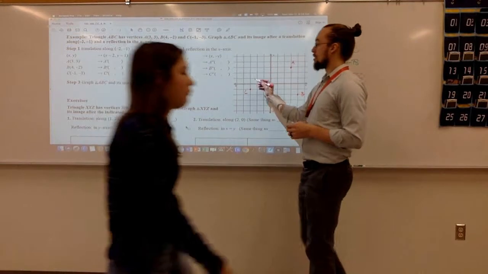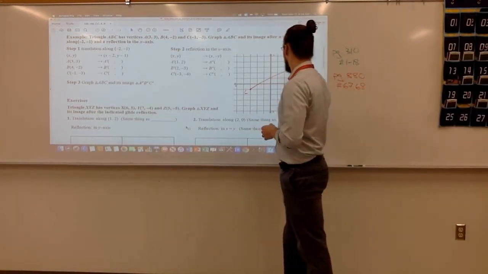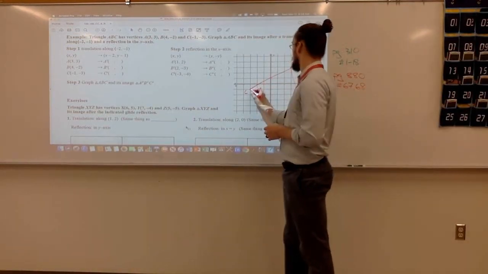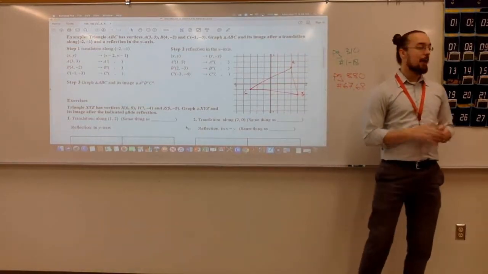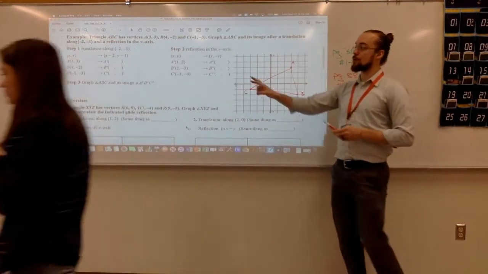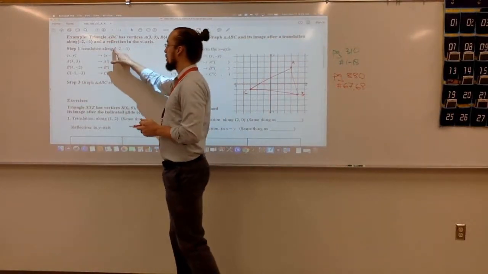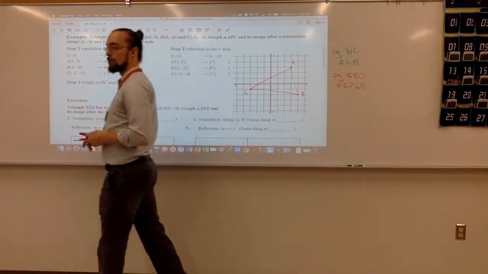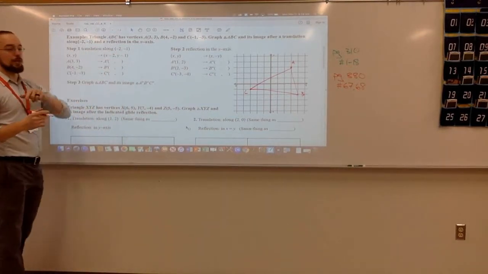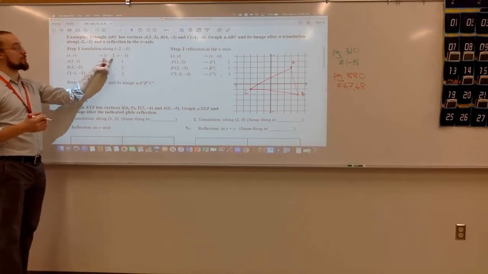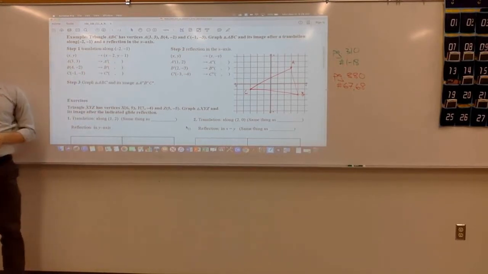Okay, so I want to perform two operations on this triangle. First, I want to translate. So we talked about this vector notation, right? If it says translate along the vector -2, -1, that just means the same thing as take everything left 2, down 1.